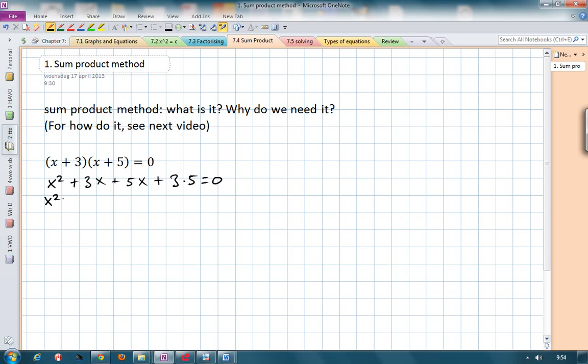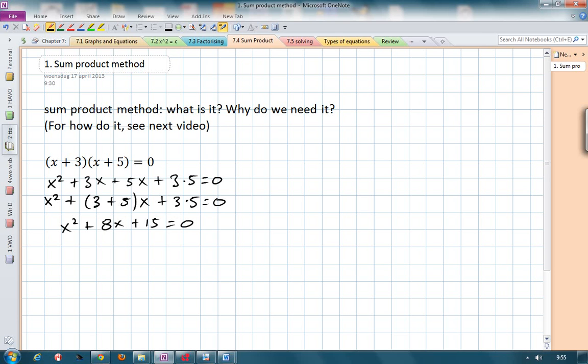And I'll do this in-between step, which will become clear in a minute why I'm doing that. It's x squared plus (3 plus 5)x plus 3 times 5 is equal to 0, and that of course then is x squared plus 8x plus 15 is equal to 0.